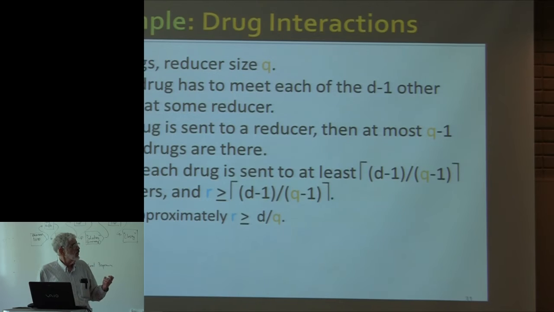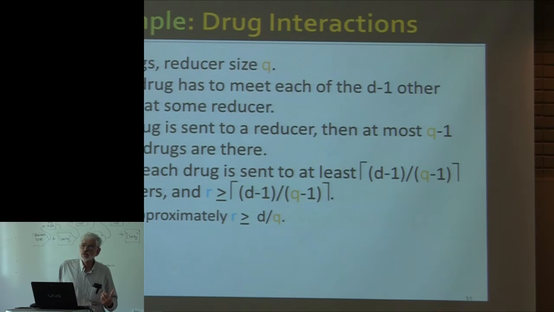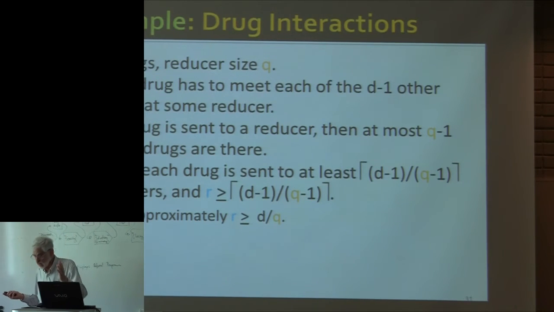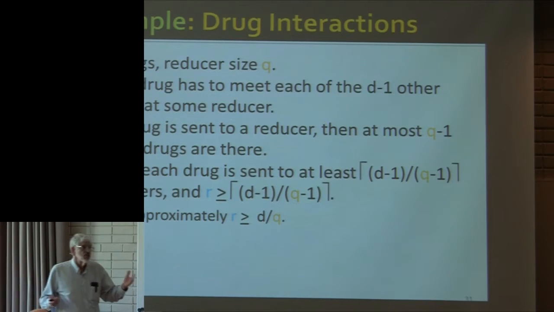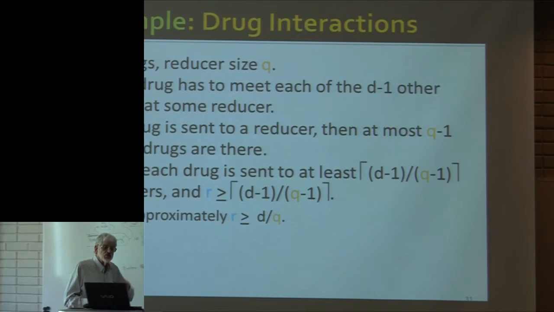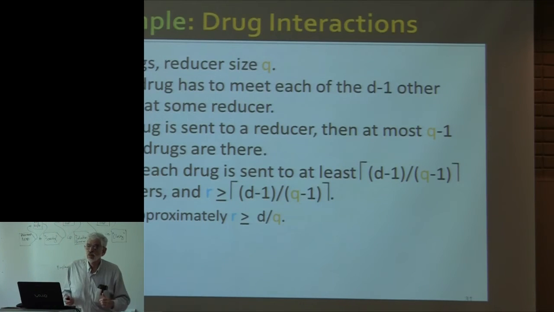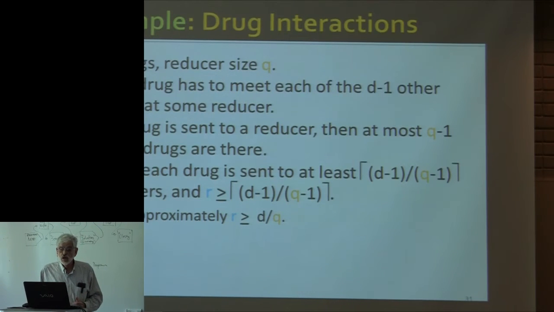And that says that the replication rate has to be at least D minus 1 over Q minus 1. In this case, remember, R is just the average replication rate, the average number of copies of each input. But every input has to go to at least a ceiling of D minus 1 over Q minus 1 reducers.